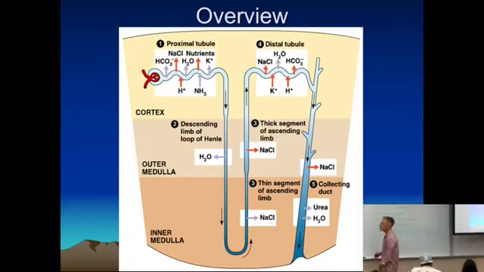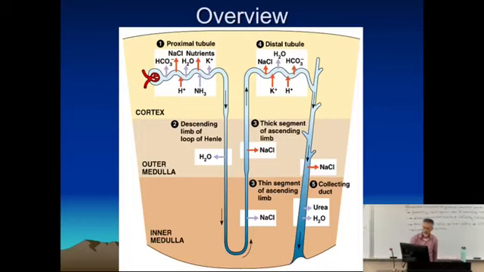And so in these figures, wherever you see an arrow that is leaving the tubule, it's going to be picked up by the blood, right? So going from the tubule to the capillaries, that is reabsorption. If you see an arrow going the other way, going into the tubule, that's going from the capillaries into the tubule, that's secretion. Okay?